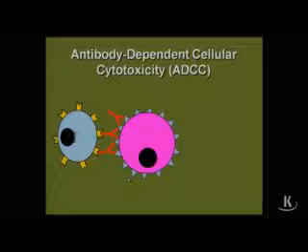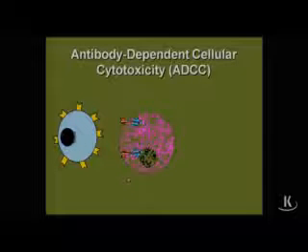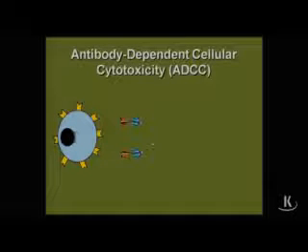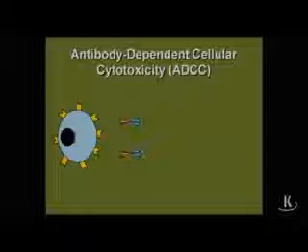And now the natural killer cell is going to do exactly what the cytotoxic cell did. It is going to punch holes in the membrane, pump it full of toxic chemicals, and cause it to die. Okay, so those are your two different mechanisms of natural killer cell killing. One, if we don't have class 1 MHC, and two, with the addition of antibodies.